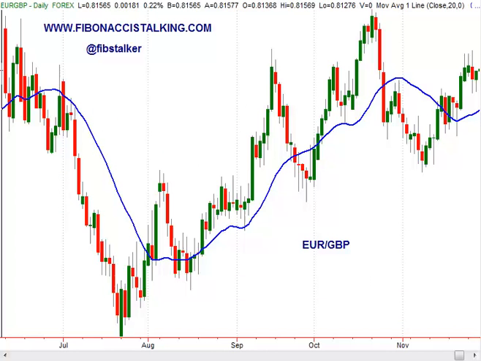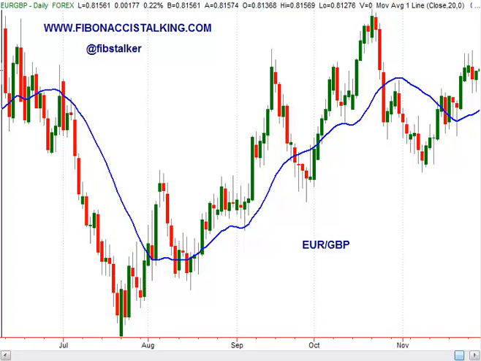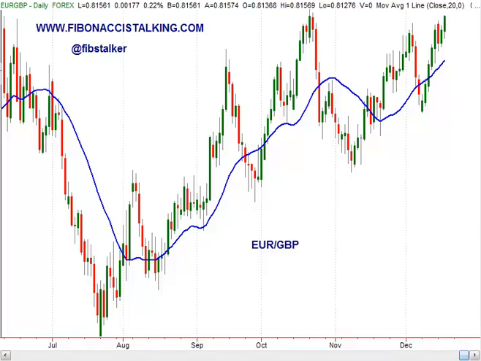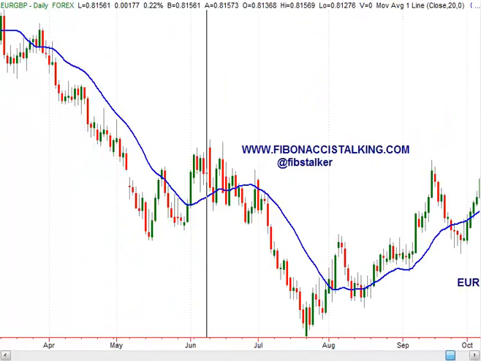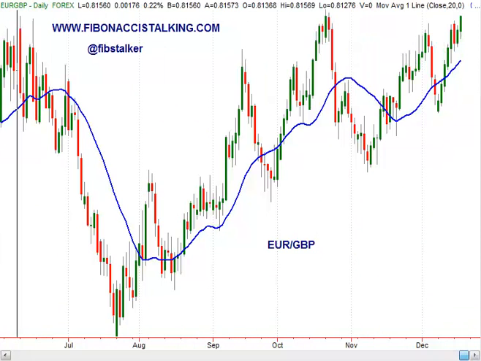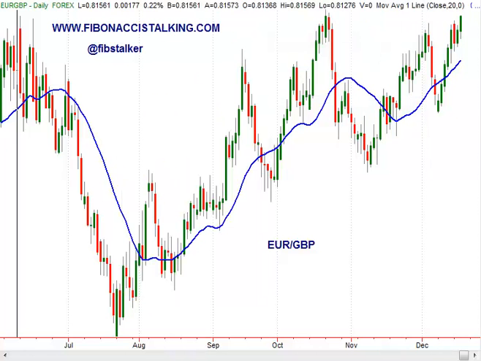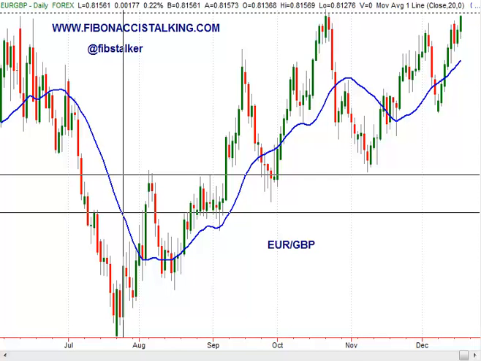So moving to the daily, what we can see is that in the last leg higher that started in July, it started at the same time as on other pairs involving the euro. But differently from, for example, the euro dollar that I follow daily, this pair did not trade the whole way halfway back.